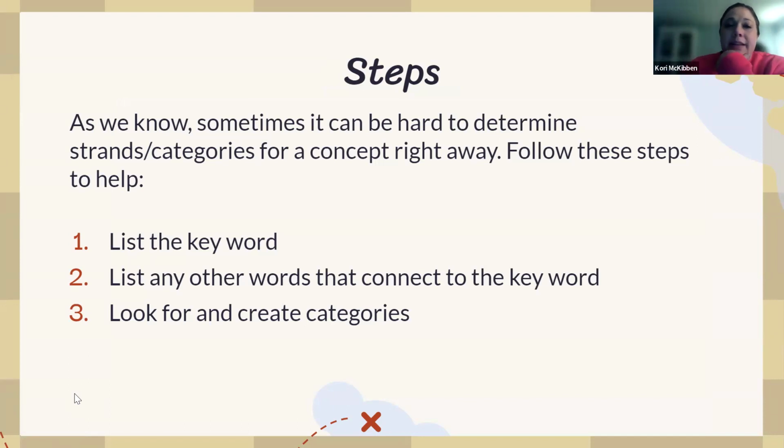And that's when we list the keyword and then we list any other words that connect to the keyword. And I like to put them on sticky notes or on index cards. And then that way we're able to sort them out to look for and create categories.